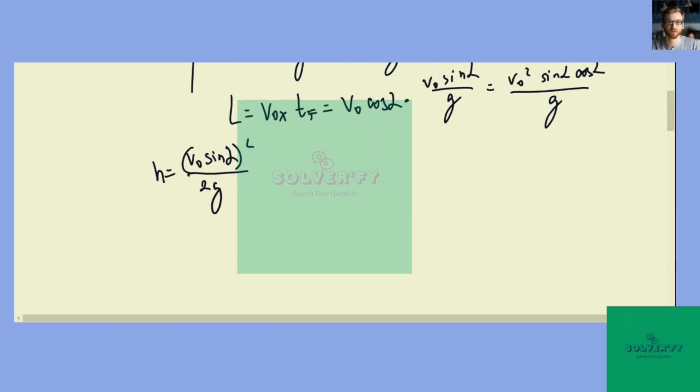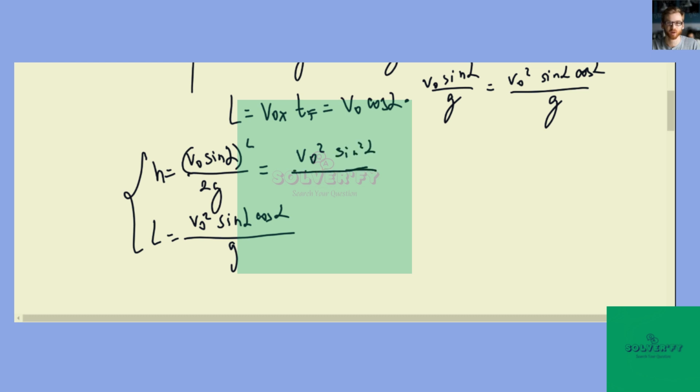And the second equation is L equals v0 squared sine alpha cosine alpha over g. Okay, let's simplify the first equation. It becomes v0 squared times sine squared alpha over 2g.